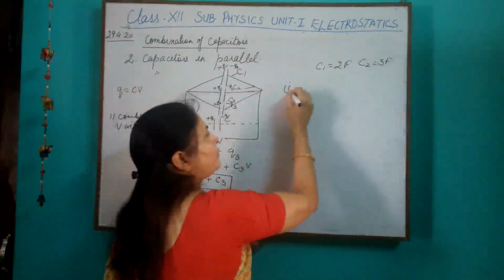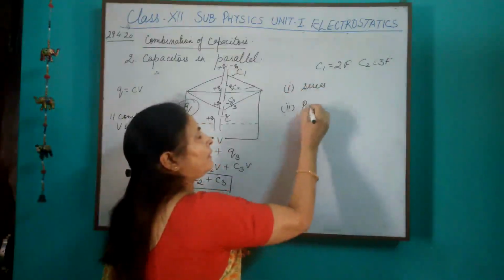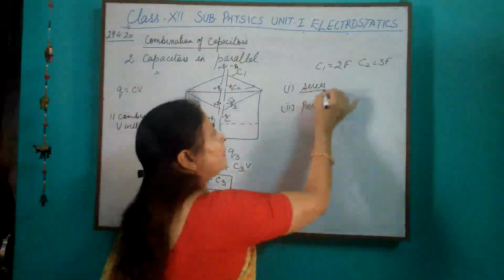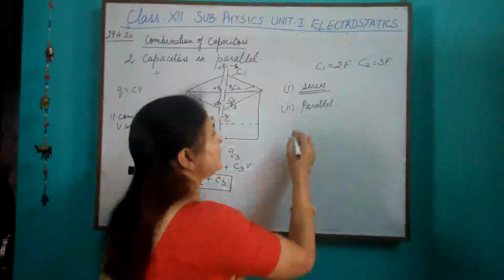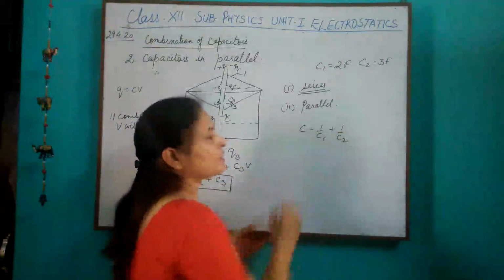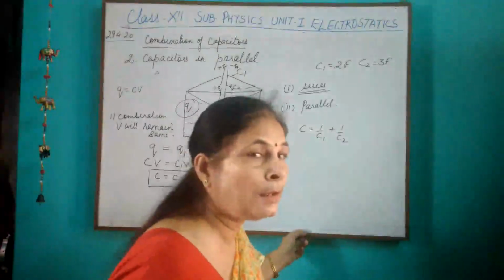I'll say find out the value in series and in parallel. See, the common mistake which you'll make is, when I'll talk in series, you'll just write down like this: C is equals to 1 upon C1 plus 1 upon C2. This is a common mistake which is generally made.